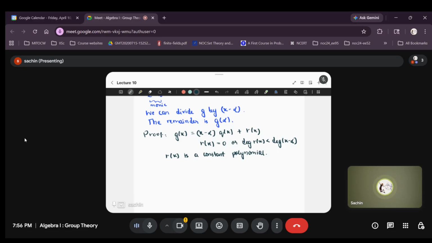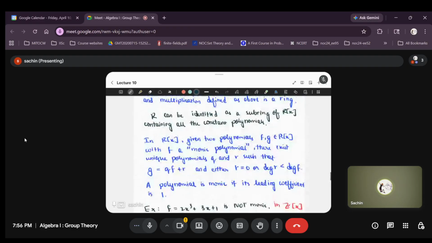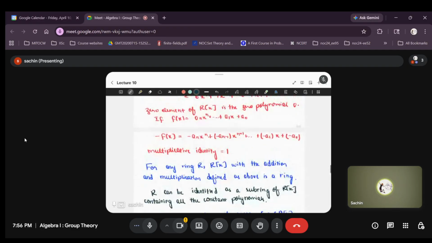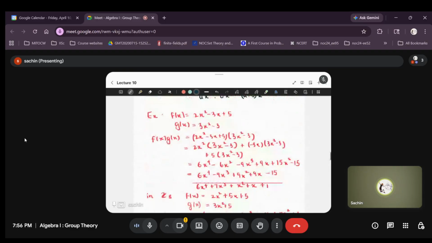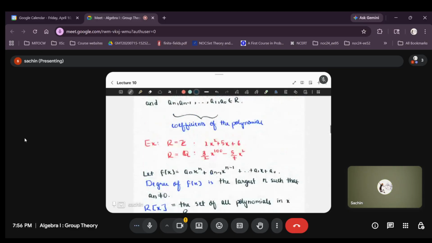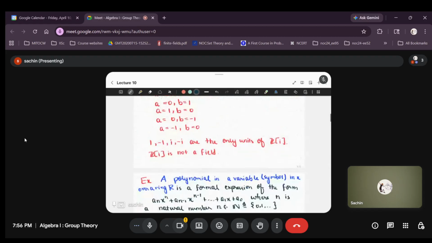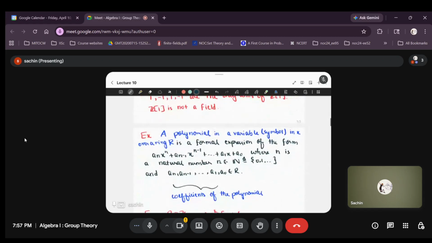So that's why in the definition we say it is a formal expression in x with coefficients in R. So it's a formal expression of this form. That's all. It is one way of writing out the coefficients.